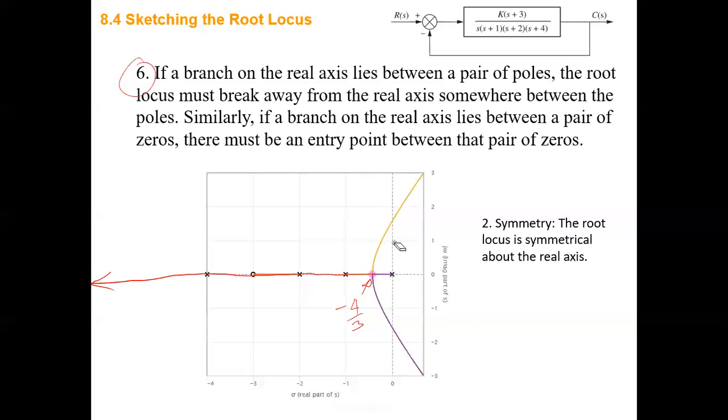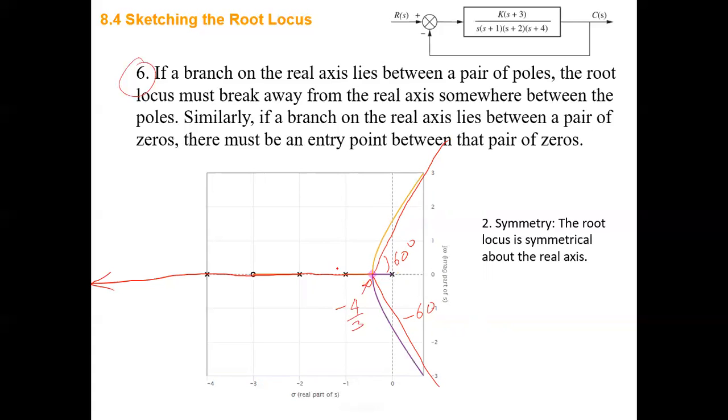This is 60, and the other one is negative 60. So we have 3 asymptotes. We drew that, right? So we have the poles, we have the zeros, we have the asymptotes.